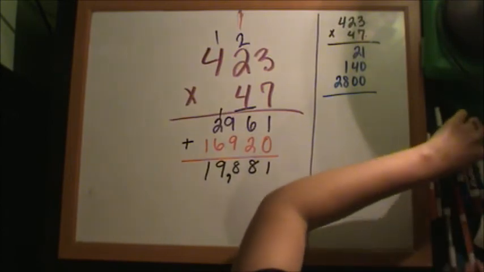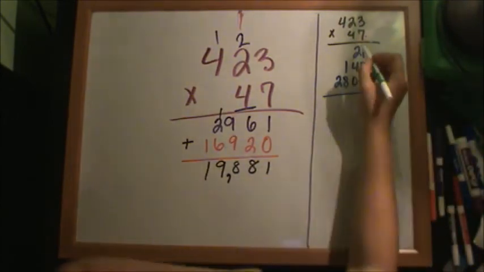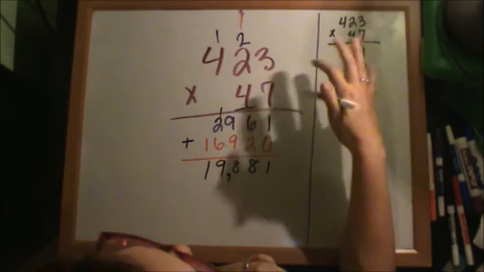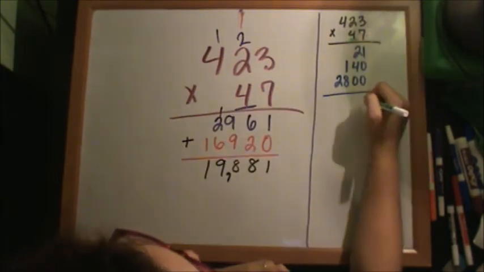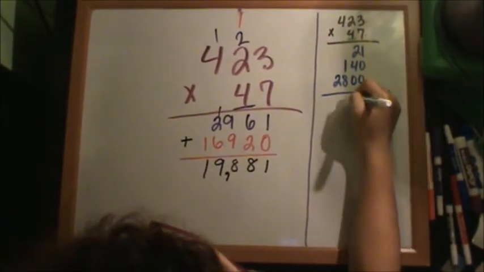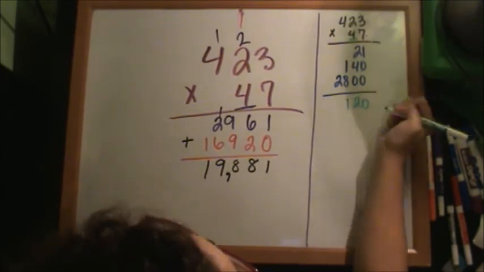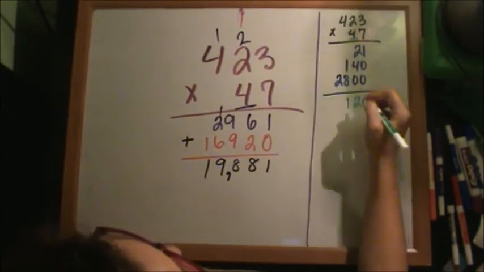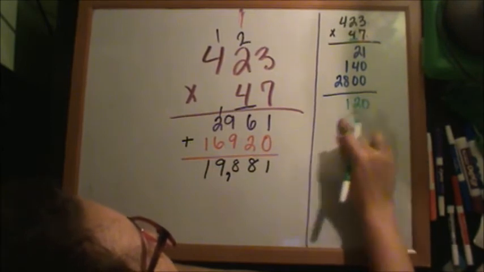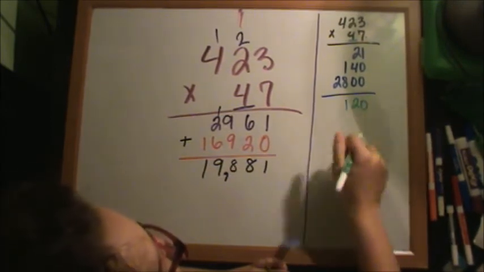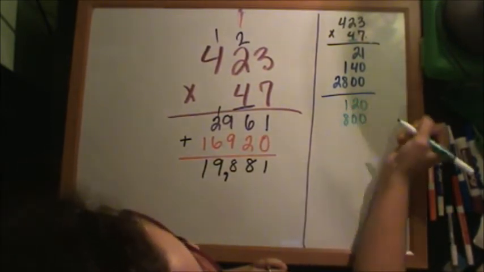Now we're going to move on to the tens place. 40 times 3 would be 120. 40 times 20 is, I'm sorry, 4 times 2 is 8, so 40 times 20 is 800.